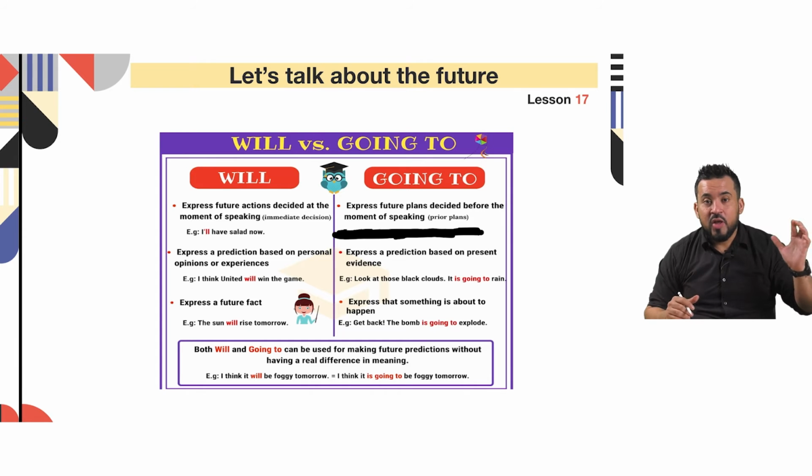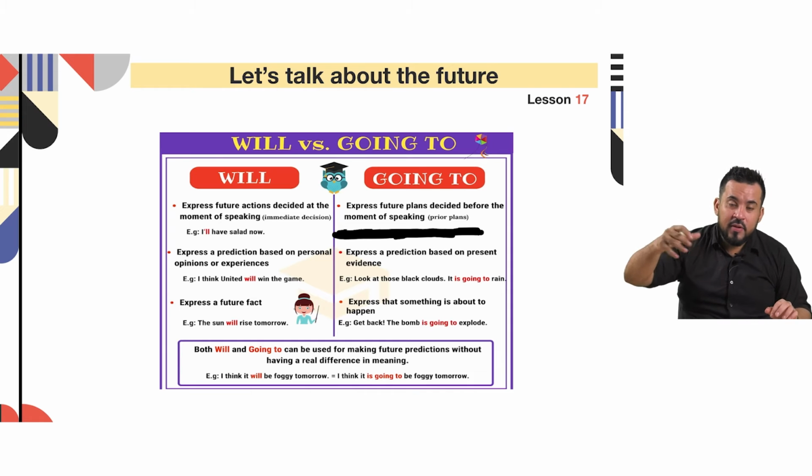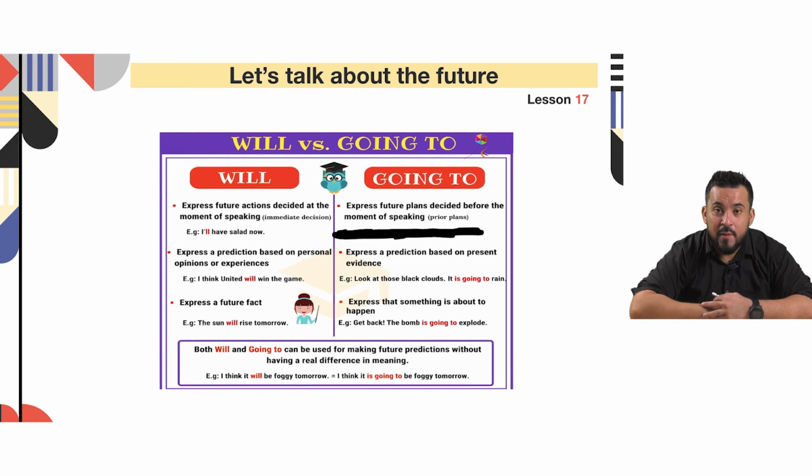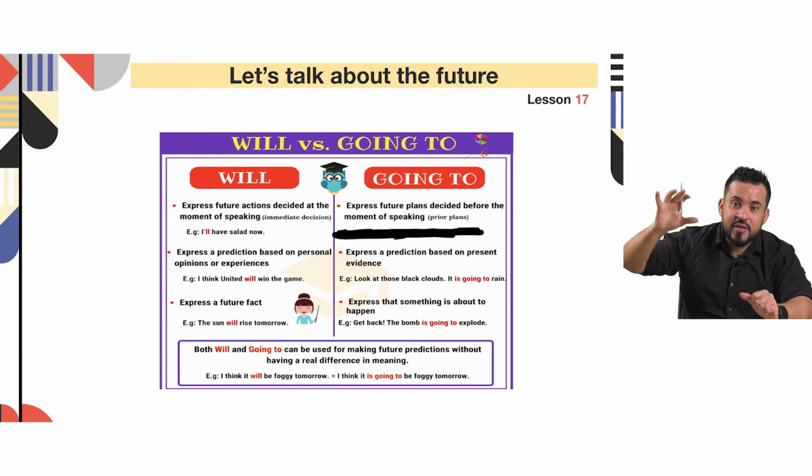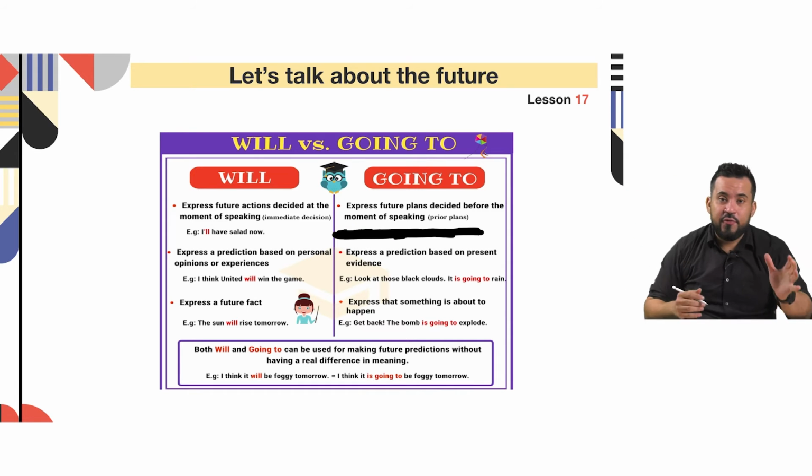I'm making a plan. So if I don't have a plan, then I use will. If I have a plan and an intention, that means going to. But if I have a plan, intention, and airplane tickets, that is present continuous, means arrangement. So that is the difference.